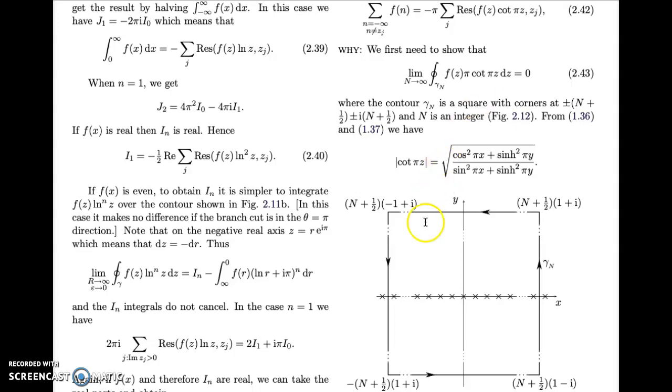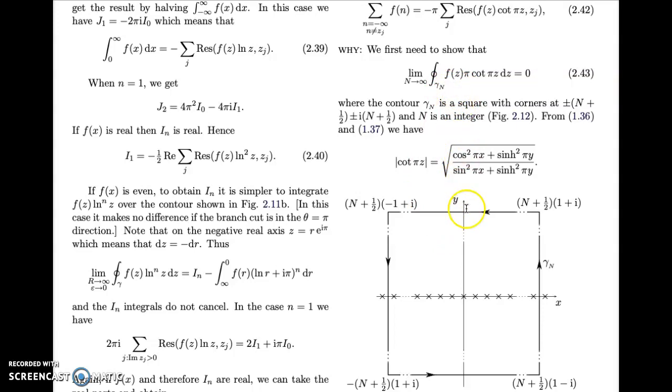So that's what we've got here. Automatically you're going to have poles at all of the integers if we try to integrate f of z times pi cot pi z. Of course, f of z could also have some poles, but we don't know where they are unless we specify what f is.